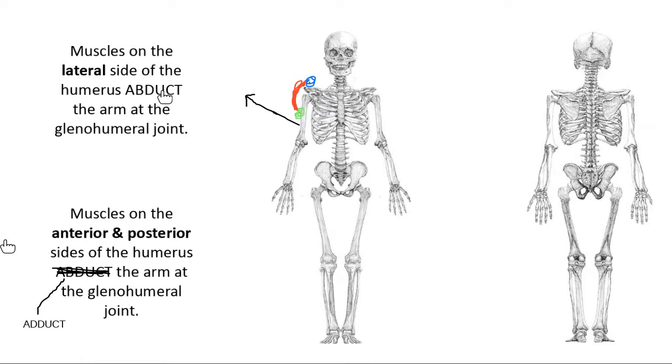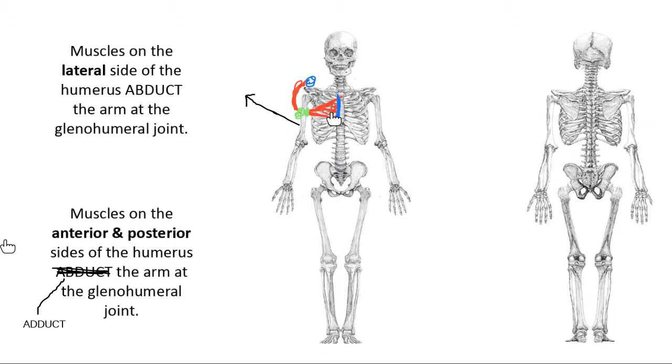All of the other muscles that you're predicting on in terms of abduction or adduction are attaching to the medial side of the humerus. For example, one of them that you're predicting on is pectoralis. Here's generally where pectoralis would be. Got our insertion and our origin.